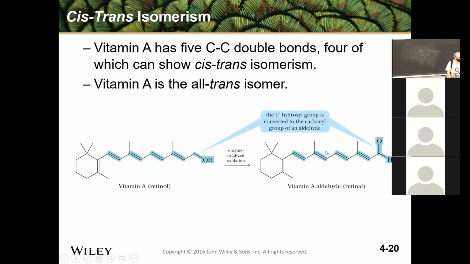This shows the oxidation that takes place where the alcohol is converted into an aldehyde. This is vitamin A aldehyde, also called retinal. And the vitamin A isomer is the all trans. All the double bonds are trans.